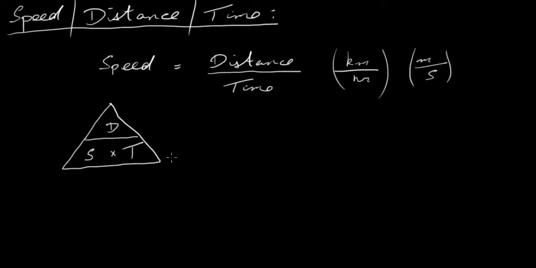Now you can use this triangle here, D for distance, S for speed, T for time. So speed is distance divided by time, time is distance divided by speed, or distance is speed multiplied by time. Now if we take an object that has traveled a distance of 100 kilometers at a speed of 50 kilometers per hour, what time will it do it in?